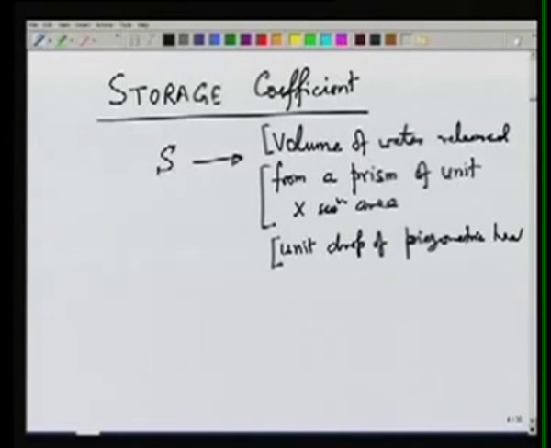So there are three things here, that S is the volume, and it is from a prism of unit cross section area, for a unit drop of piezometric head.